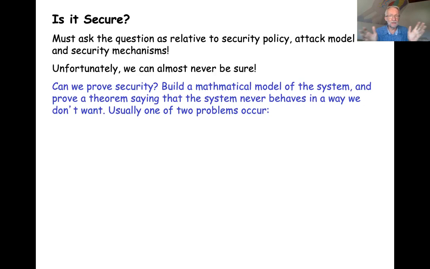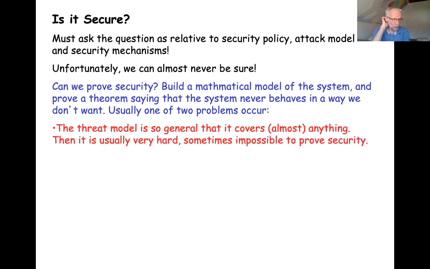And that's, of course, a very honorable goal to have. But unfortunately, you will usually run into one out of two problems here. Either you have to find a very general threat model, so general that in fact it covers almost anything. But then it's usually really, really hard, sometimes even impossible, to prove security.